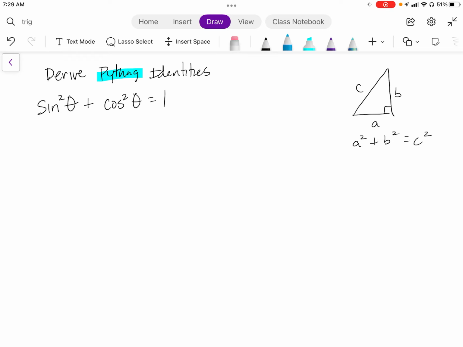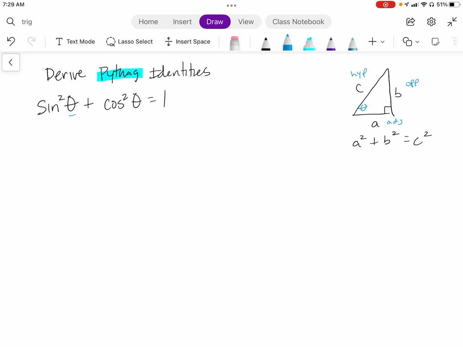So let's change this. We have a theta, right? So it doesn't really matter, but we'll just call this theta. And therefore, if we're thinking in terms of trig, B is the opposite side, A is the adjacent side, and C is the hypotenuse.